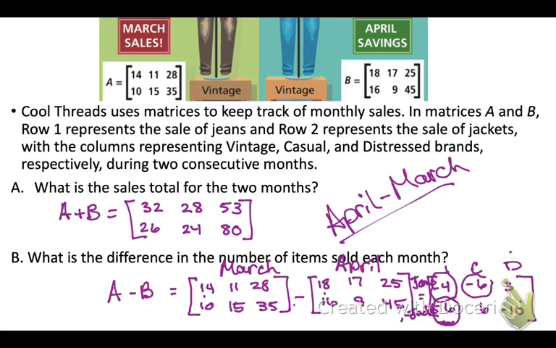Vintage jacket. How much is a vintage jacket? $3.20. Yeah, so I made more by selling 6 more vintage jackets than I did by distressed jackets, right? What's this top one? $2.10. The casual jeans are 210. Okay, so if the casual jeans are 210, then we still did better with these two, didn't we?